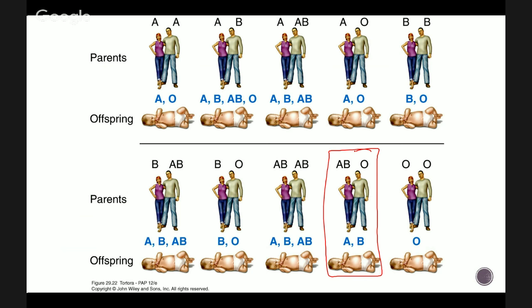My wife and I, she has O and I have AB. So my daughters are either type A or type B. But I know that their alleles would either be... mom is type O, right? So that would have to be the way.